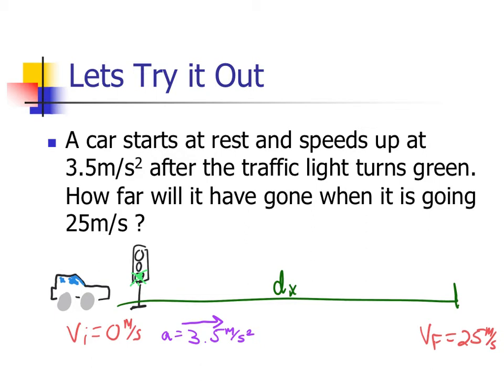There. That's what we're looking for. The thing that we don't have, which a lot of people will want, is time. I don't know what the time is. And we do have equations that can solve for things if we don't have time.